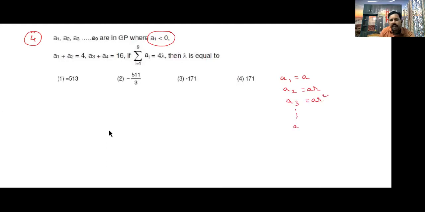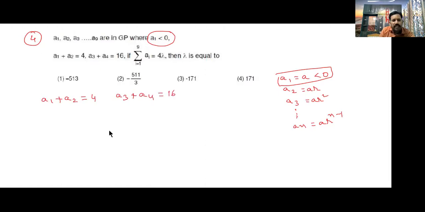Then what is the nth term? a into r power n minus 1. Here the a value is less than 0. Remember it. Now A1 plus A2, how much is given? 4. A3 plus A4 is equal to 16, given.